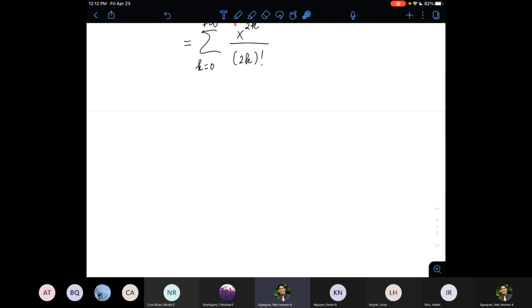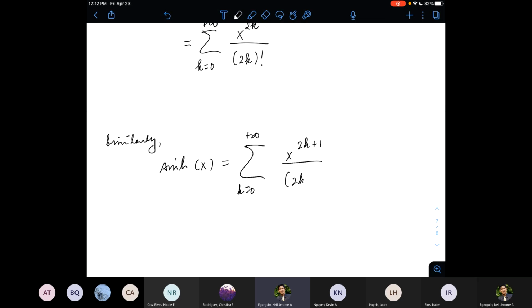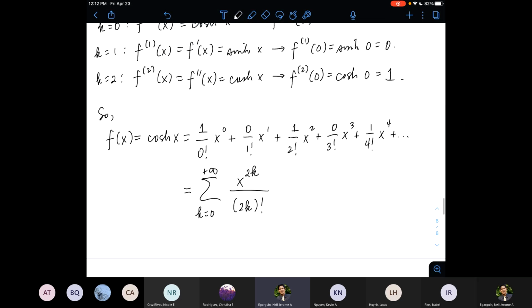Similarly, the series expansion for hyperbolic sine is just involving the odd exponents. Okay.